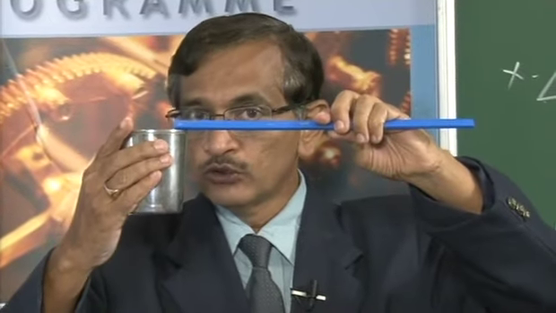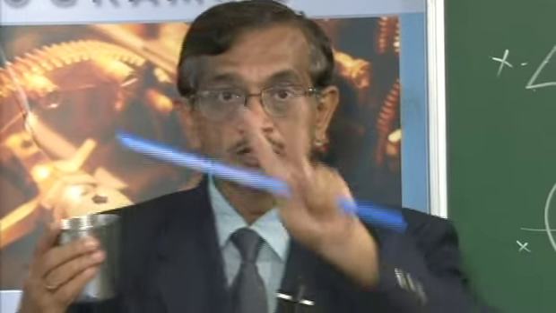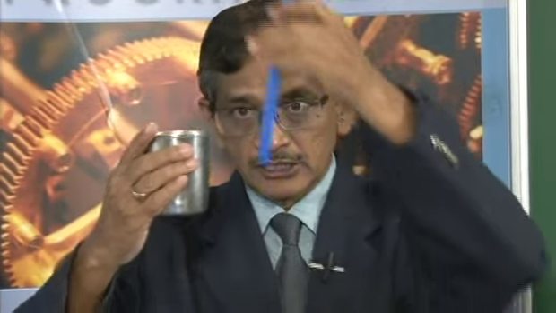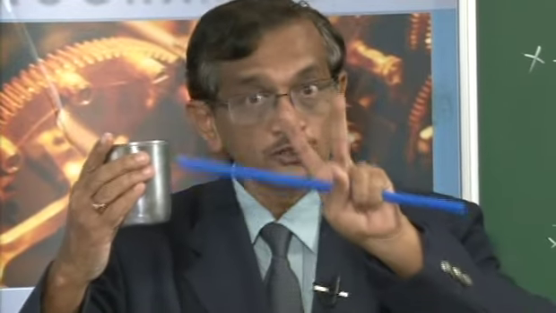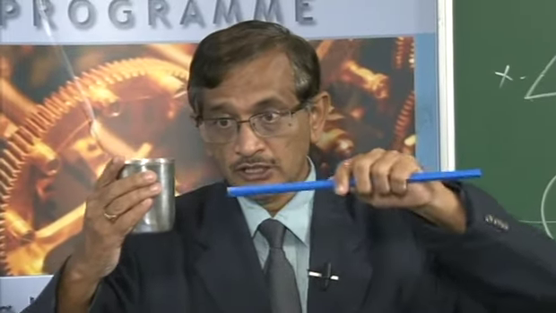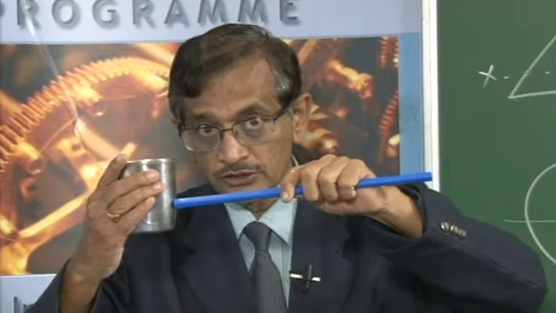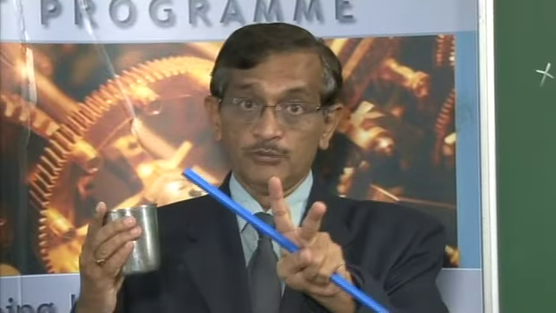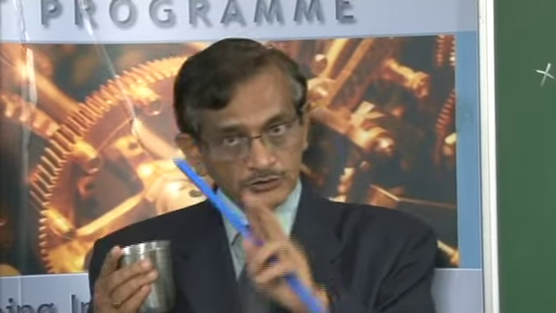Yesterday, as I told you, the curved surface will have 2 components: one is the horizontal and the other is the vertical. One is the horizontal hydrostatic force, and the other one is the vertical force. Then you may be thinking, okay sir, we understood it has 2 components. How to calculate? The answer is so simple.